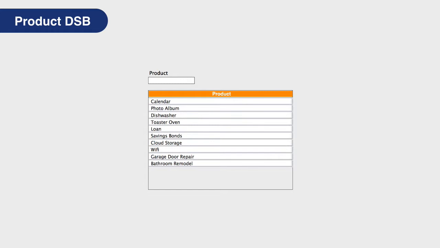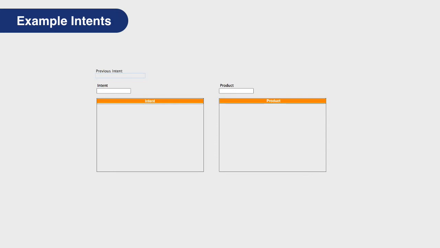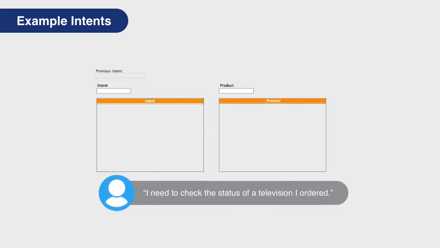Callers may provide multiple products in the same utterance, and in these cases, each application has its own specific rules regarding these types of calls. Now, look at how the following example utterances are broken down to identify the intent and product. I need to check the status of a television I ordered.